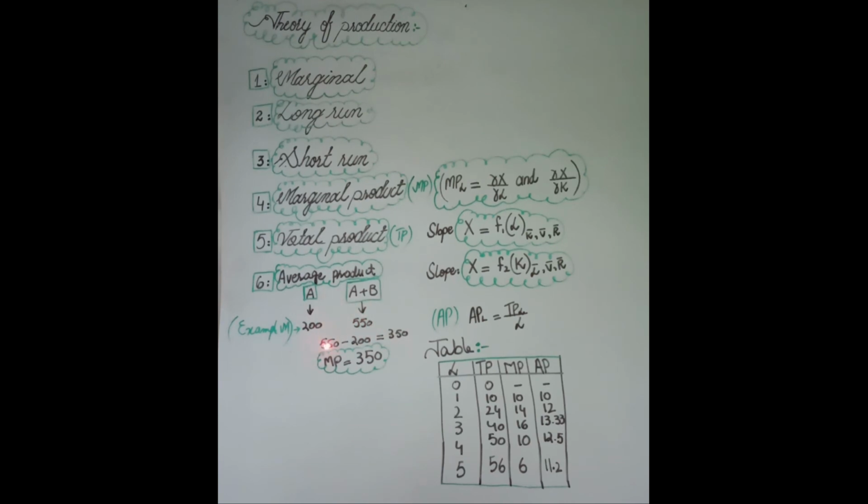When we take the difference of 550 minus 200, the answer is 350. So the marginal product is 350, because we are adding 350 units to production because of worker B, the unit of factor which we have included in the production process. So marginal product is equal to 350.